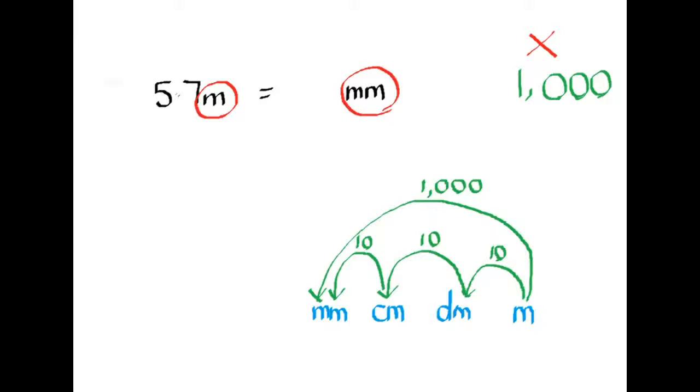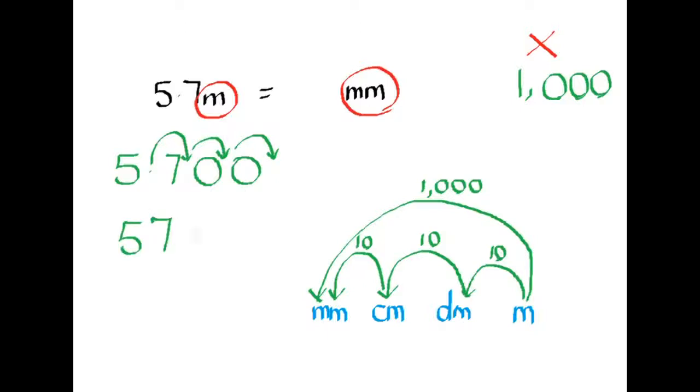We multiply 5.7 times 1,000. We would move the decimal point once, twice, 3 times. So that would be 5,700 millimeters.